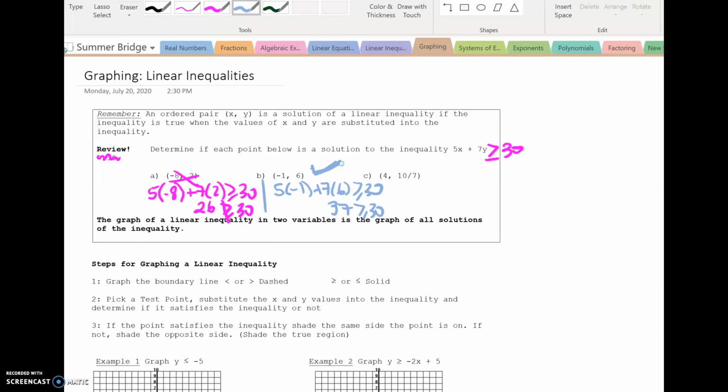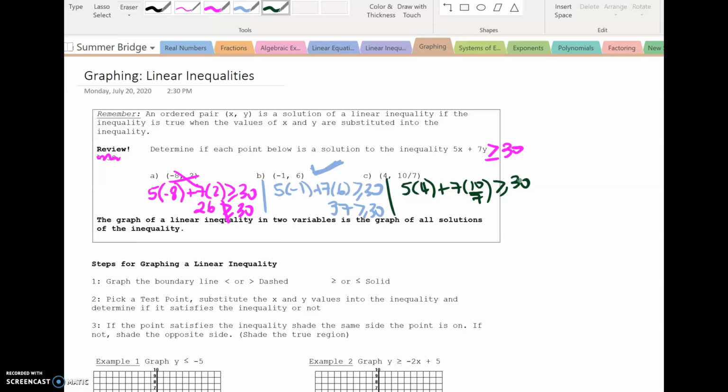Now let's try the last one. The last one here is 5 times 4 plus 7 times 10 sevenths, which has to be greater than or equal to 30.